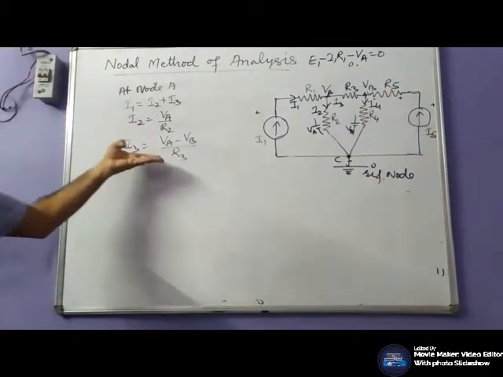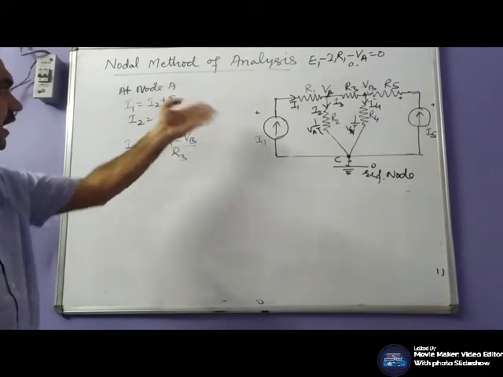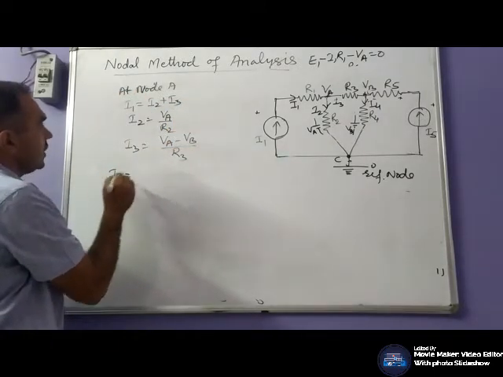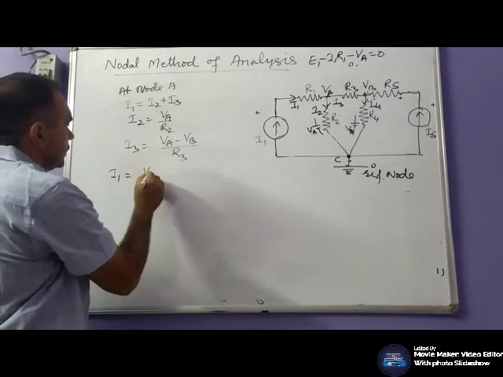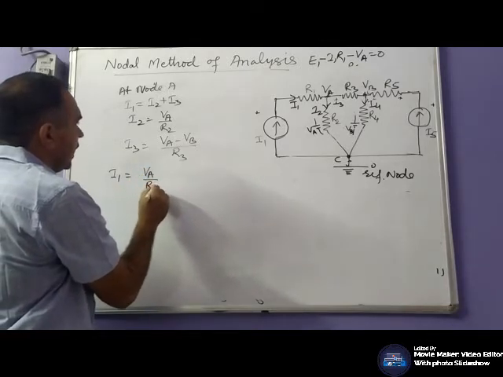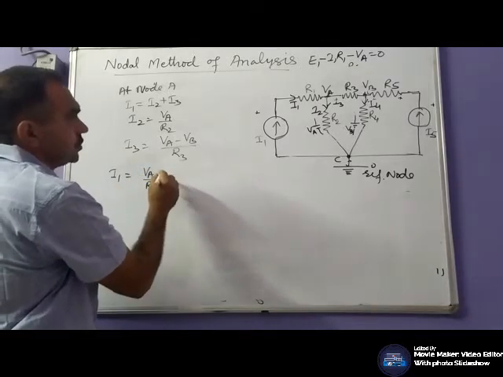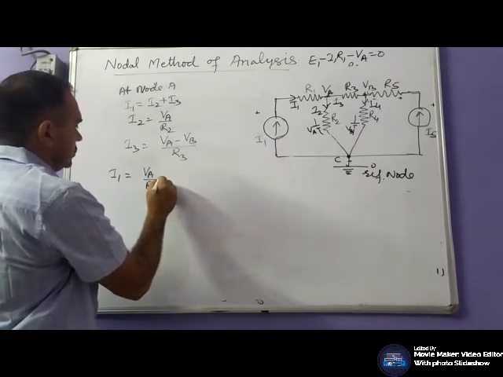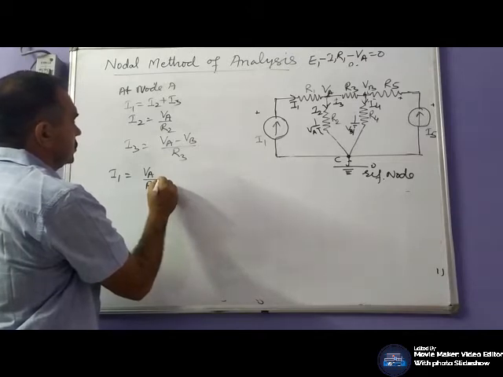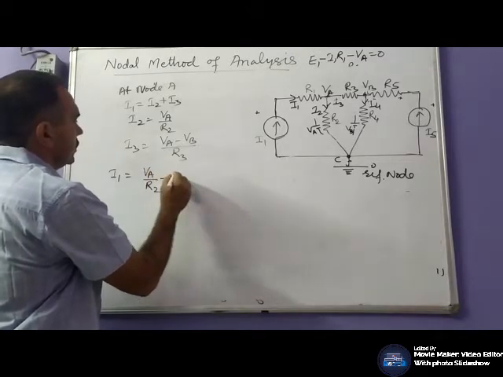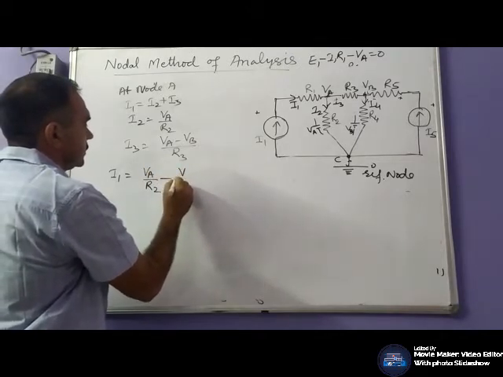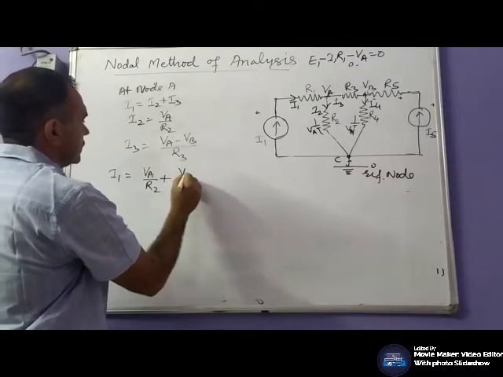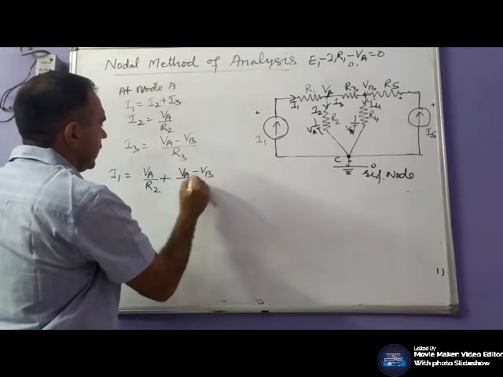So you will get this I3. Now put here I1 equal to VA by R2 minus VB plus VA minus VB by R3.